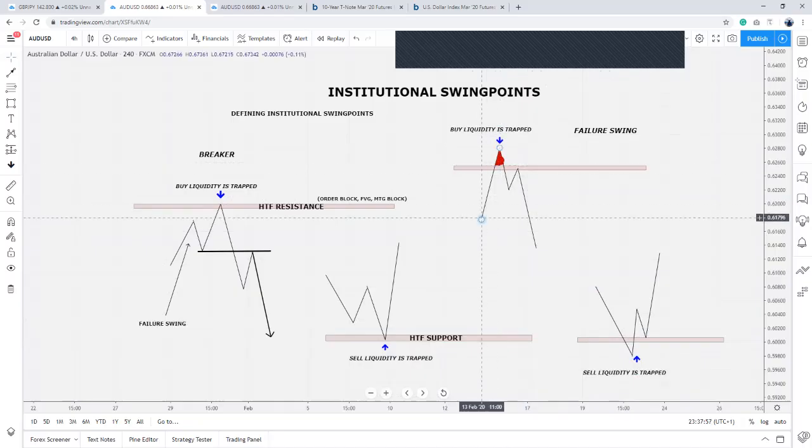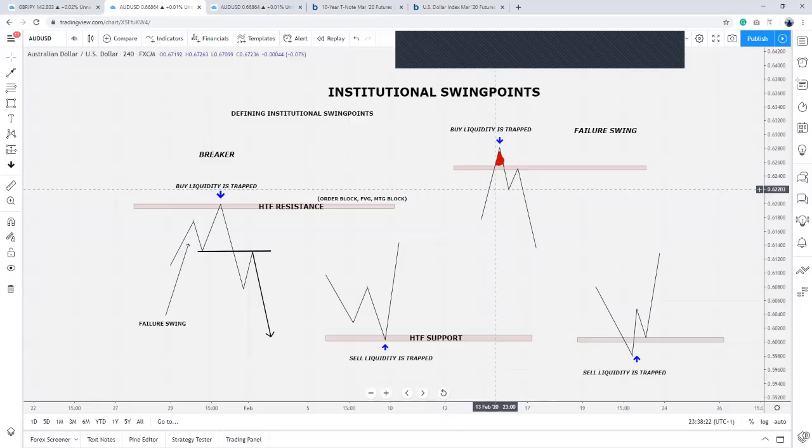Okay, so the typical characteristic of the failure swing is that price is going to blow past that level. So it's going to look like price is breaking out of that resistance level. It's going to look like a breakout pattern, but then price breaks out of that level and quickly pulls down below that level. Okay, once you see that, that becomes a possible failure swing.